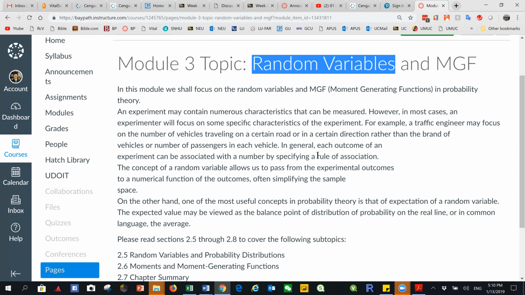And what is moment generating function? Moment generating function is used to generate the first moment, second moment, third moment. And first moment is mean, average. And then use the rest of the moment generating functions, you can generate the statistics with respect to that specific random variable.